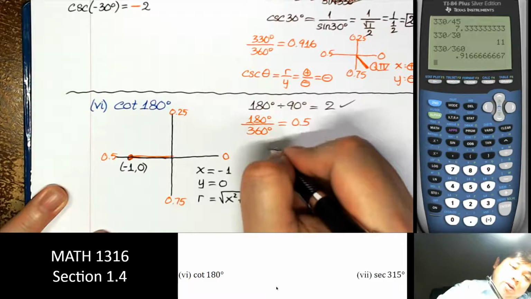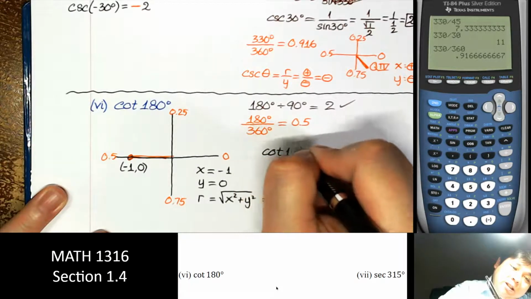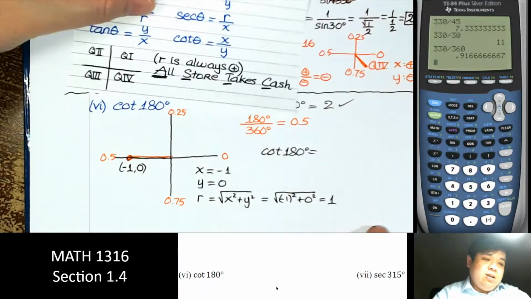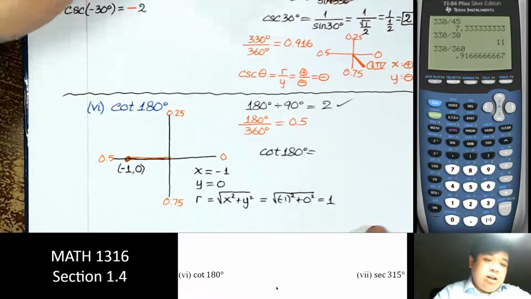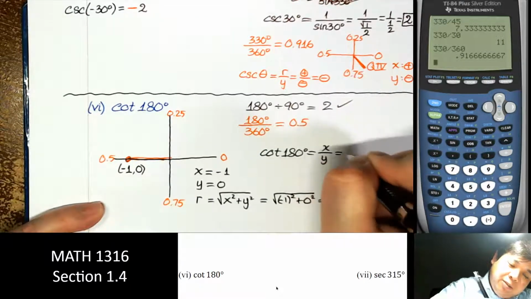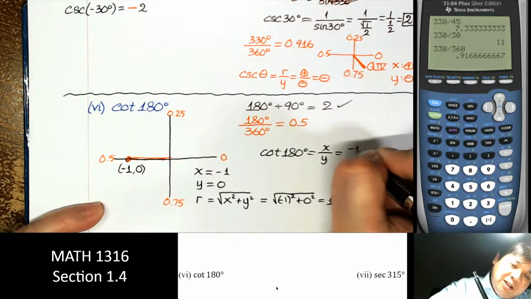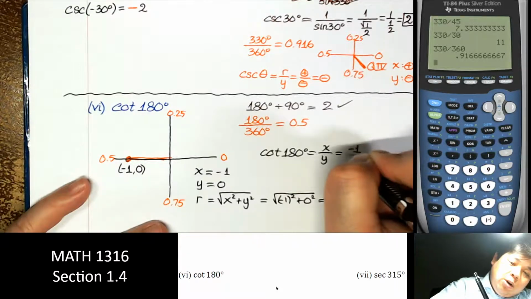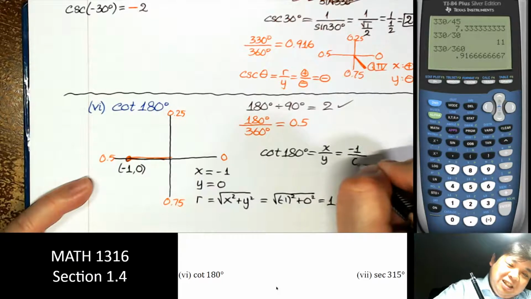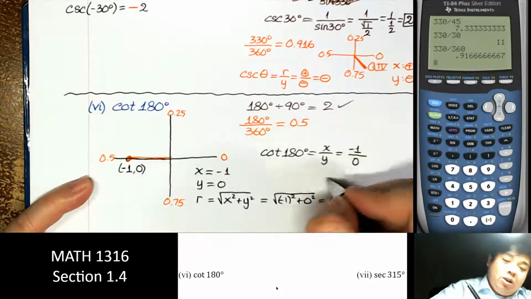And then finally, cotangent. What is cotangent? X over y. We don't even need r in this case. And dividing by 0 is undefined.